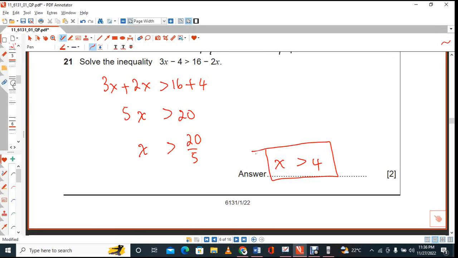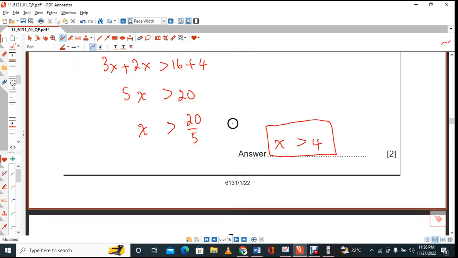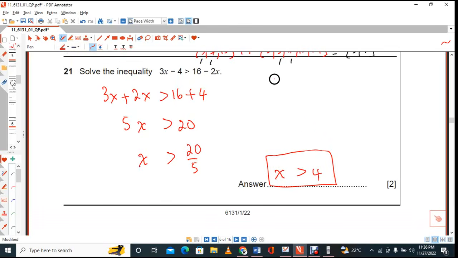Remember, it's an inequality, so do not use equal signs. They are not required in this case. Someone else can perhaps also write their answer as 4 is less than x. It is exactly the same thing. All right.